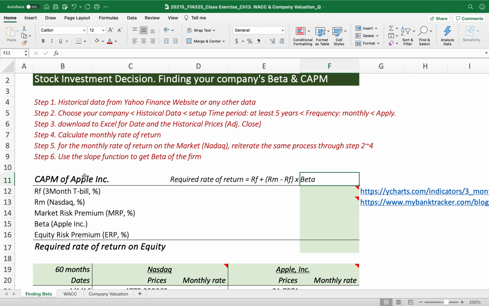That's enough. Do the monthly rate of return of the market, and then repeat the same procedure, steps 2 and 4, for the stock as well. Then use the slope function to measure the beta.